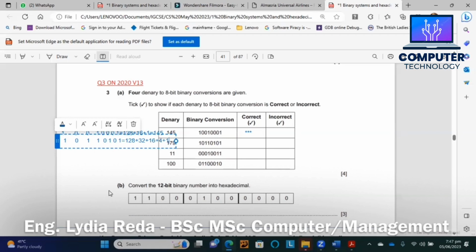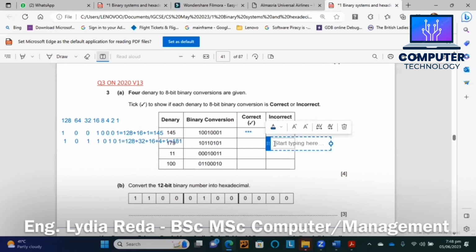We have to take our time because again, we're not allowed a calculator. 128 plus 32 is 160, plus 16 is 176, plus 4 is 180, plus 1 is 181. So it's not 179. So unfortunately, this is not correct. This is incorrect.